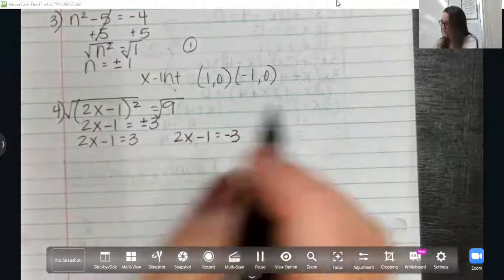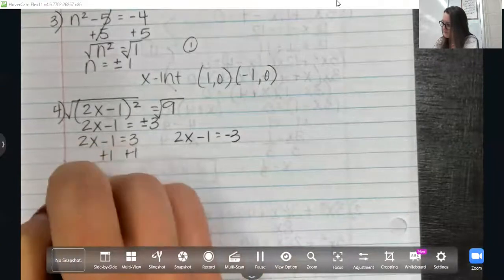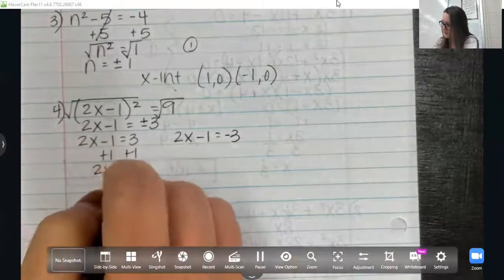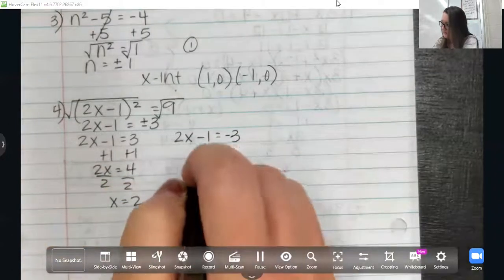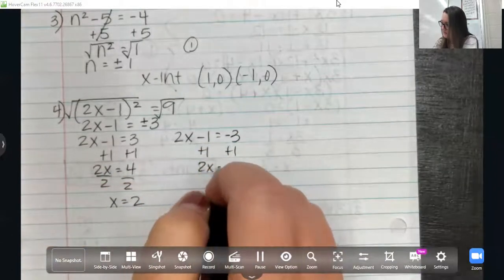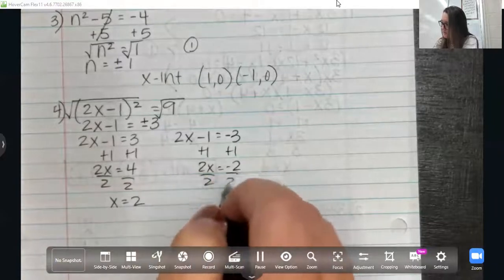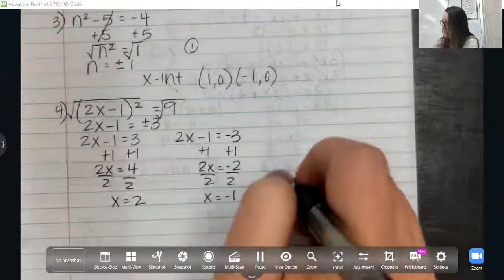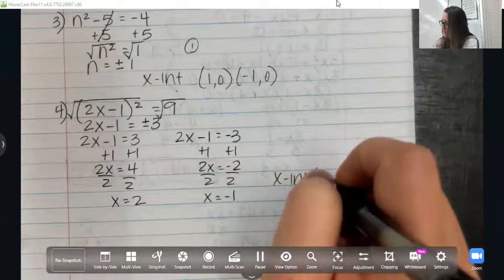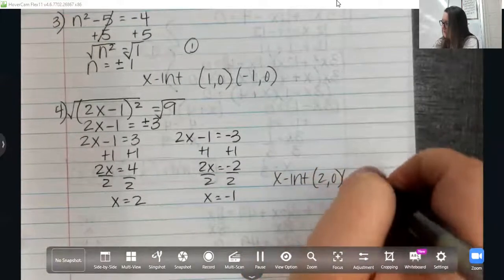All right, so let's go ahead and solve for these. 2x equals 4, divide by 2, and x equals 2. Add 1, 2x equals -2, divide by 2, and x equals -1. All right, so my x-intercepts are (2, 0) and (-1, 0).